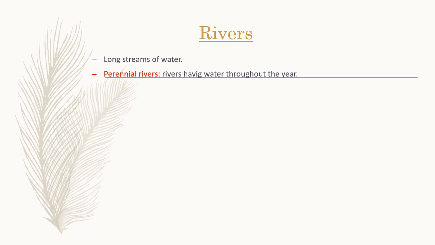Another type is seasonal rivers, rivers which do not have water throughout the year. Perennial rivers originate from snow-capped areas or glaciers. That is why they have water throughout the year. While seasonal rivers get water only from rain, in the dry season these rivers dry up.